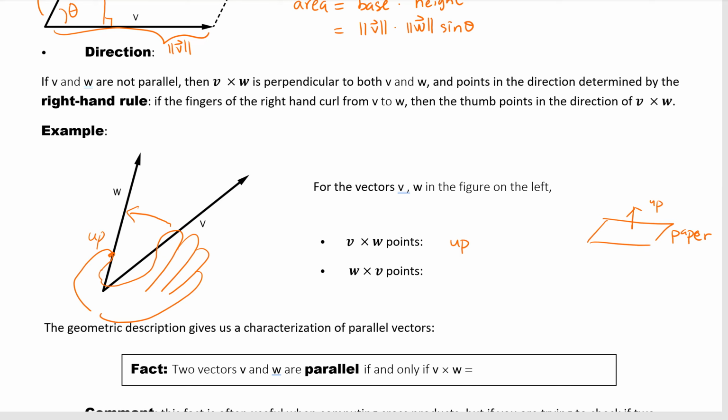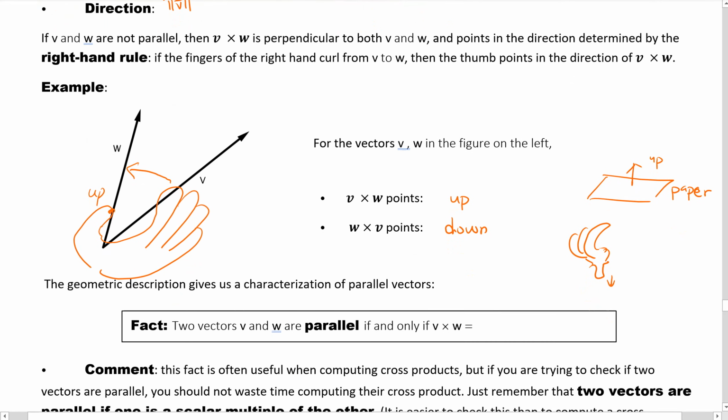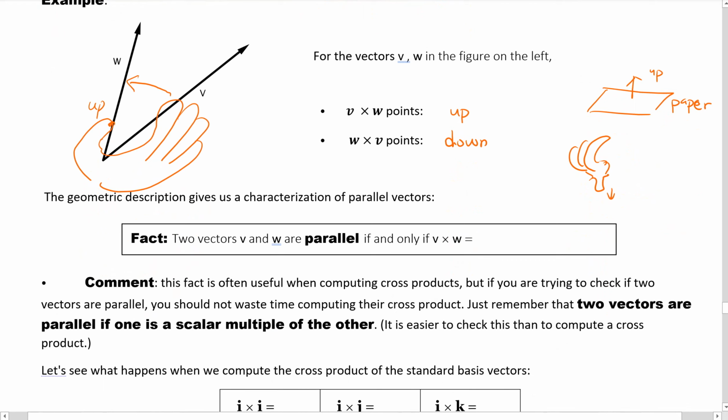And then for W cross V, our right hand is like this, and then our thumb, okay, this is our thumb. It goes down. Okay, so far so good, everybody? Maybe you can draw a better picture than I do. I think I just drew a banana.